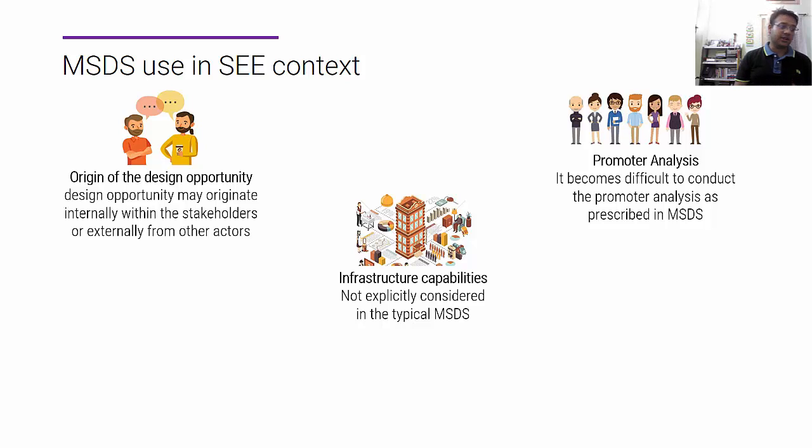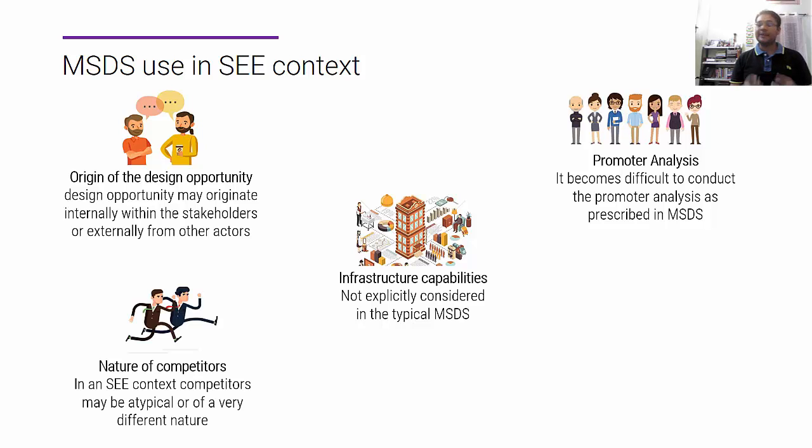In an SEE context, the designer must acknowledge the capabilities of existing infrastructure and suggest any necessary transformation, or take into account any future transformations that are planned to the infrastructure. Without this, the design solution which is proposed may not be sustainable. The fourth type of problem that we saw is the nature of competitions.